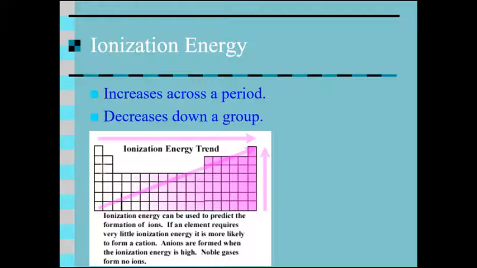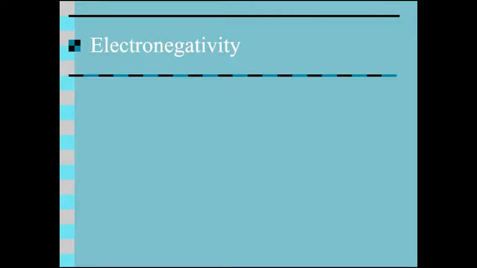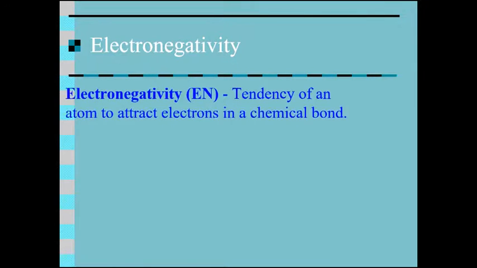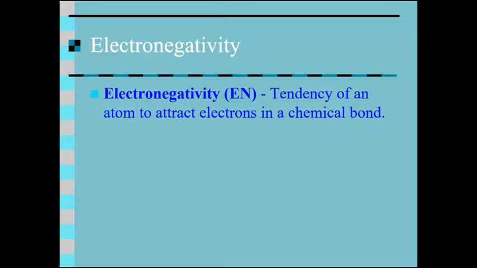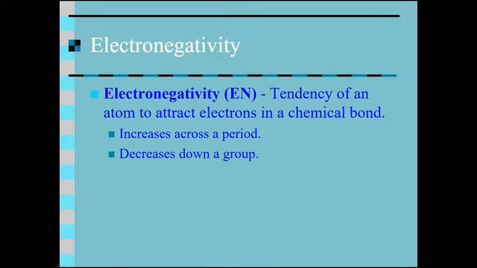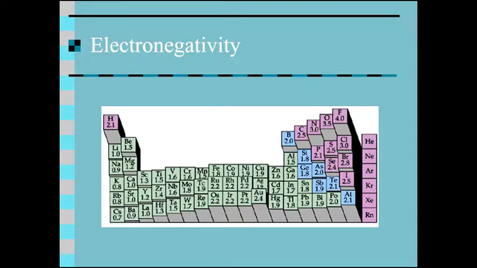Electronegativity. This is another periodic property, the tendency of an atom to attract electrons in a chemical bond. It increases across a period and decreases down a group. It excludes noble gases. It has the same trend as ionization energy. You have to remember some electronegativity values.